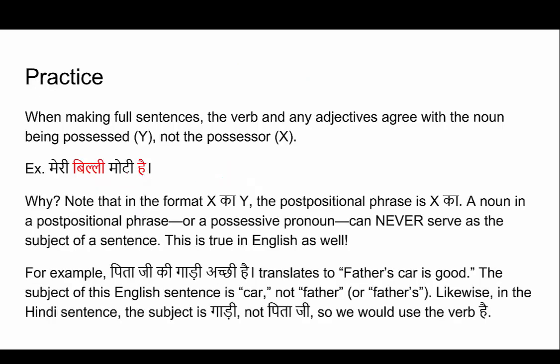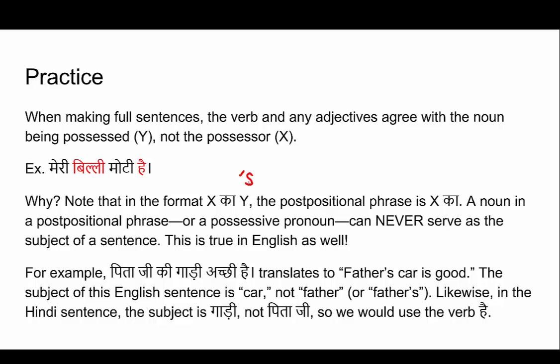Why is this the case? To discover why, let's take a look at the underlying grammar principles. Now, feel free to skip this part if you feel like the reasoning may overwhelm you. So remember, while ka, ke, and ki all are possessives, and they function as basically the apostrophe s, they are also postpositions.